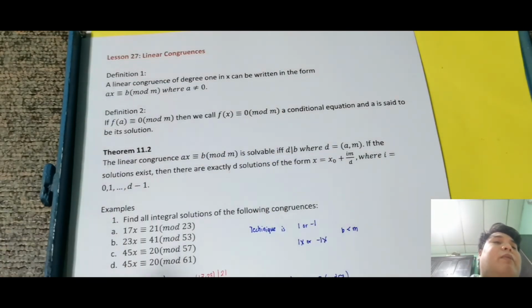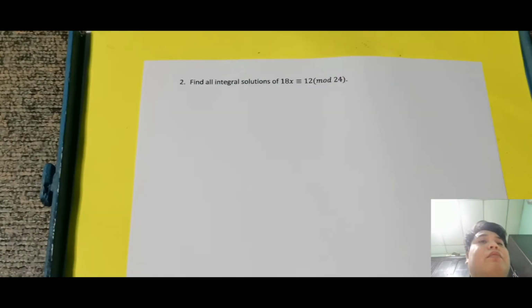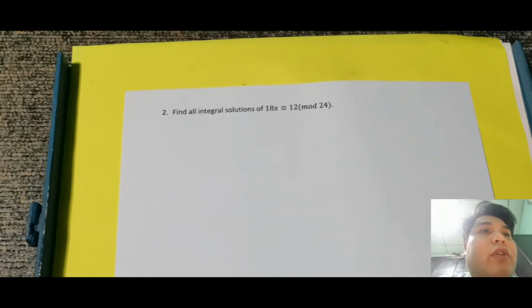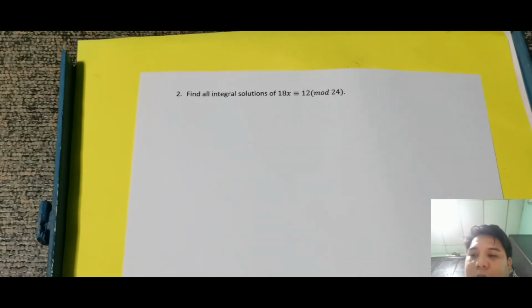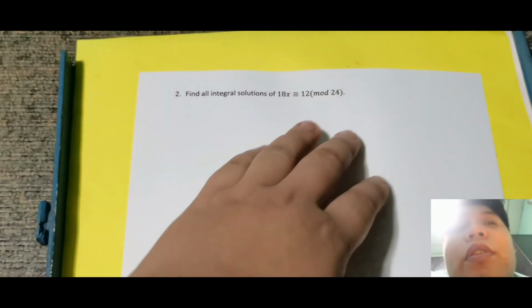So, tandaan natin ito mamaya. Okay, so before kong sagutan si number 2, may nakalimutan akong theorem na gustong i-share sa inyo. So, I think para maging possible na i-solve natin siya. So, this is theorem.